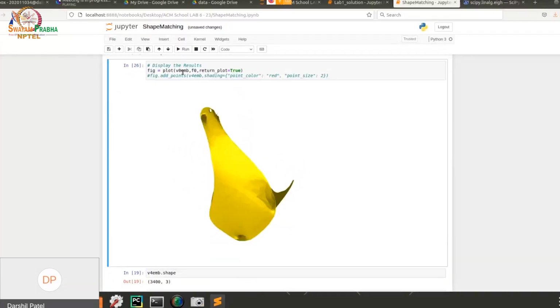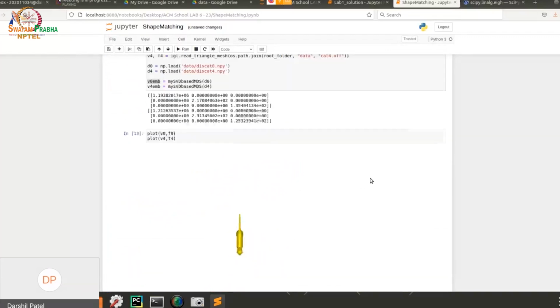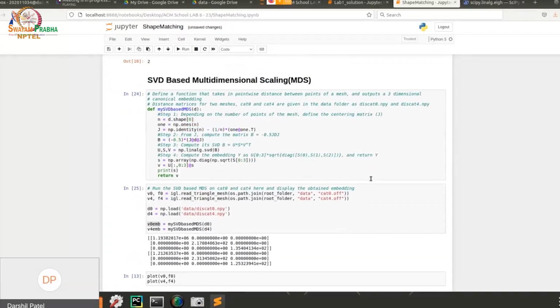The shape is 3400, that should be fine. Scroll up. This @ is something I'm not very familiar with. It is just matrix multiplication.